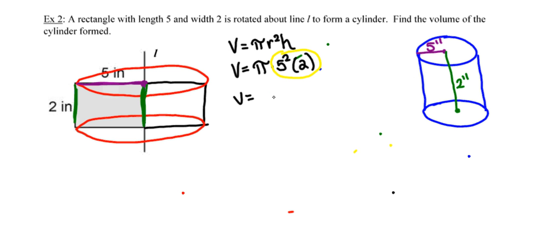And once again, I have not yet multiplied by the pi, so this is 50 times pi. And my units here, they don't give me any kind of units, so I'm just going to say cubic units. Or if I preferred, I could say units to the third power. Oh, they do give me units. If I want to, I can make that 50 pi cubic inches. But you get the picture.